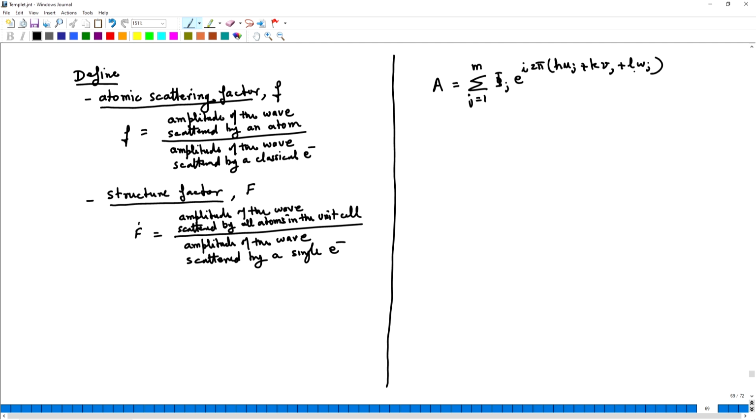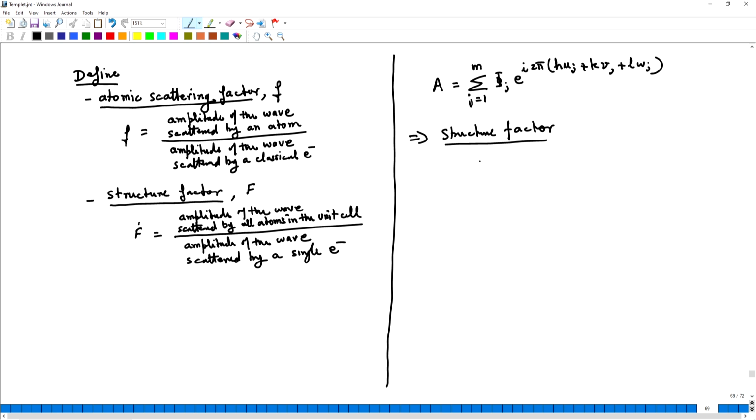Now, instead of this, I could just divide both sides by the amplitude of the wave scattered by a single electron to obtain the structure factor equation, which you may have read about a bit.